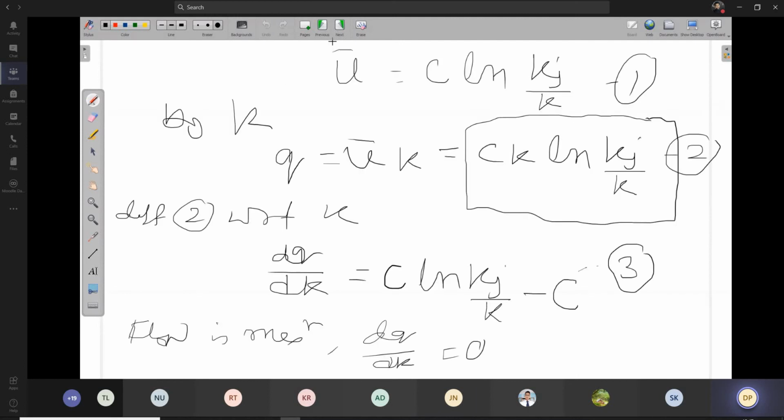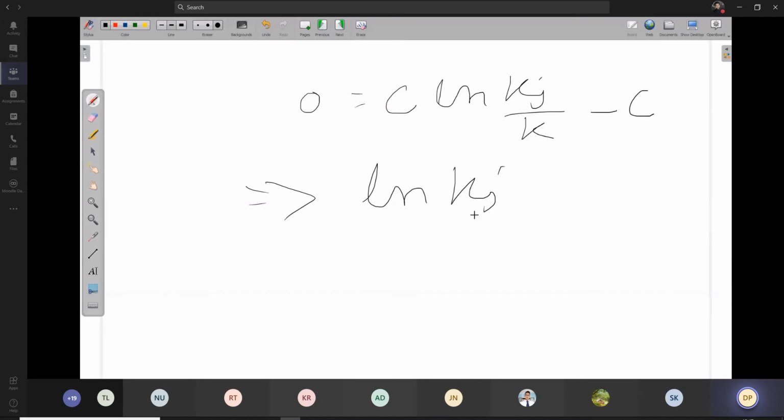So that indicates that 0 is equal to C ln kj by k minus c, right? What does this indicate? ln kj by k is equal to 1.